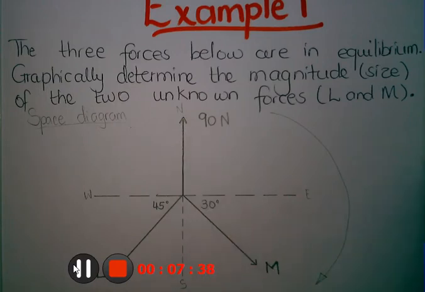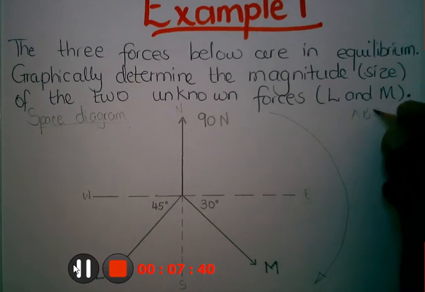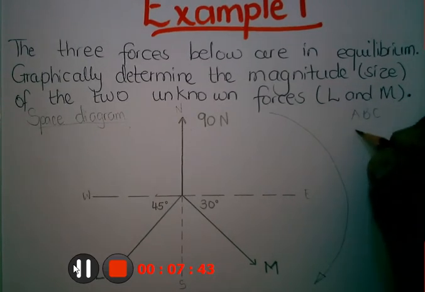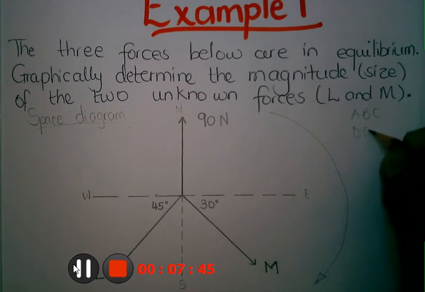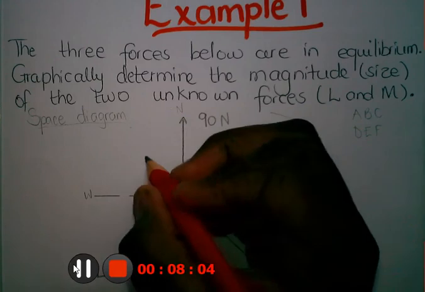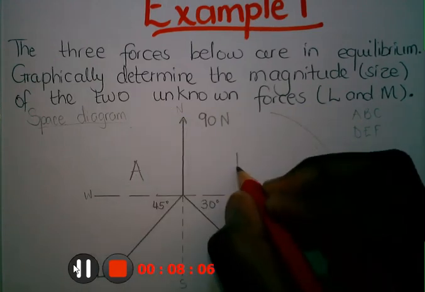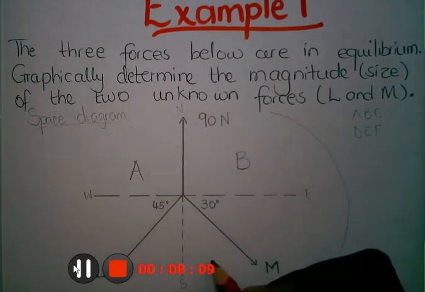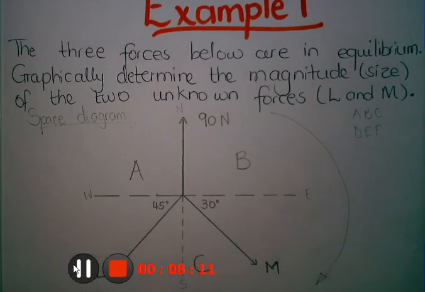So you can take letters A, B, C, consecutive letters, or D, E, F, consecutive letters, but your first letter must start in the space between the last unknown and the first known force, meaning our A will be here, our B will be there, and then our C will be in that space. So we have lettered our diagram.